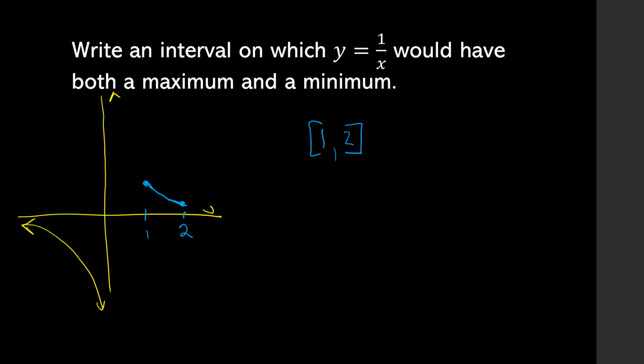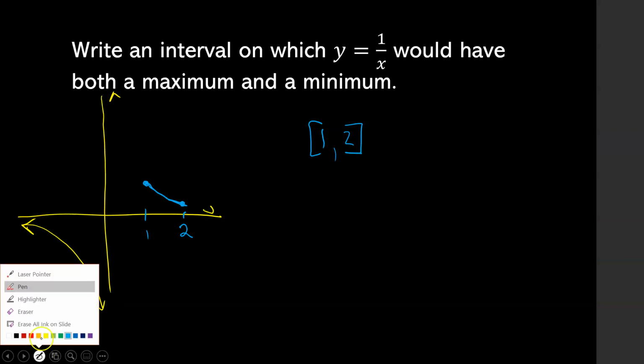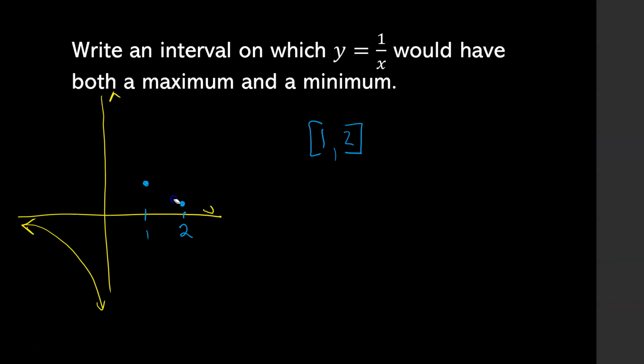Can you think of any other intervals? Let me get my yellow back. How about an interval starting at 1/2? So from 1/2 right here, all the way up to 7, would that give a maximum and a minimum? It sure would.